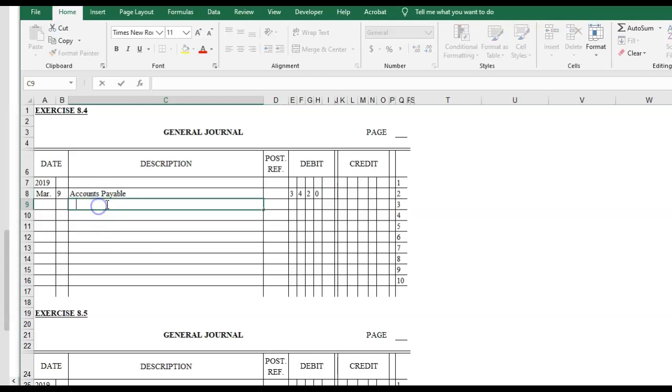And purchase, returns, and allowances, we've just learned, always is a credit. Purchase, returns, and allowances. This is always a credit. So this is how simple the entry is. $3,420.